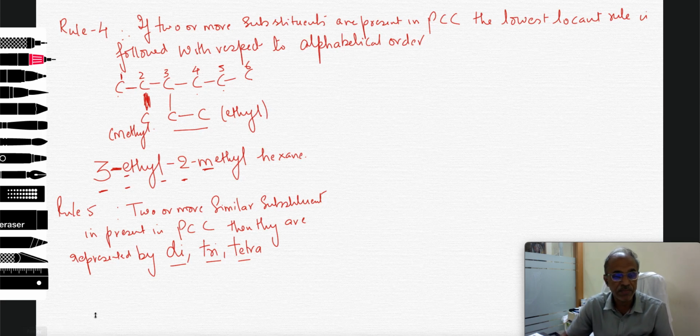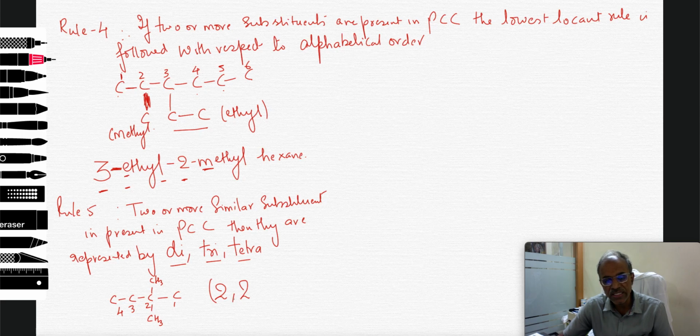For example, 1, 2, 3, 4. Suppose this is CH3 and this is CH3 on the same carbon. Now naming, I'll do it from 1, 2, 3, 4. So how will I write? 2, comma 2. When the same substituents are present on the same carbon atom, it will always be written as 2, comma 2.